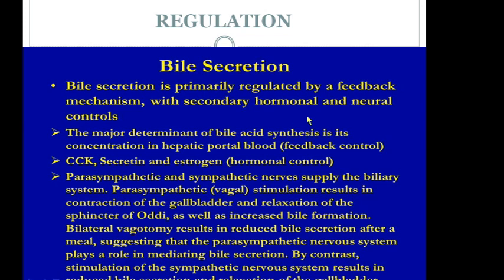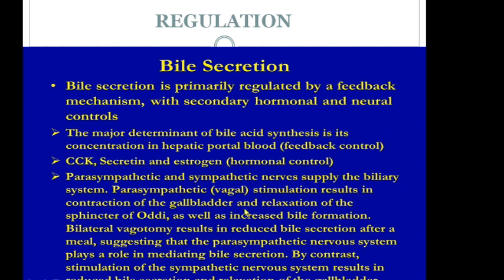And hormonal control: CCK, cholecystokinin, secretin, estrogen have a role in bile secretion. Cholecystokinin causes gallbladder contraction, and secretin, secreted by the liver, stimulates the secretion of bile. And parasympathetic and sympathetic nerves supply the biliary system.